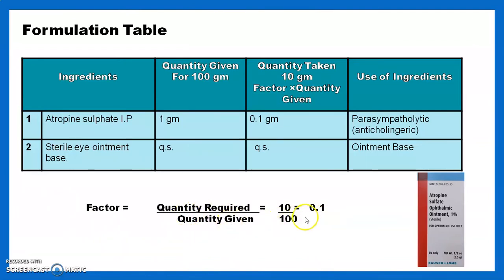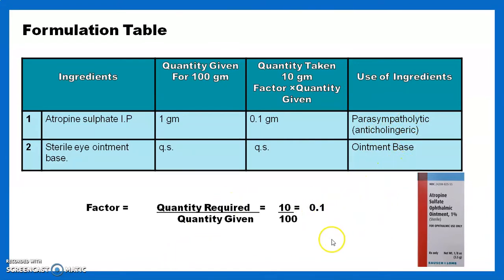The quantity required is 10 and quantity given is 100, so our factor is 0.1. By multiplying the quantity given by this factor, we get the quantity taken, that is 0.1 gram for 10 grams of ointment. Atropine sulfate's use is as a parasympatholytic or anticholinergic, and sterile ointment base is used as an ointment base.